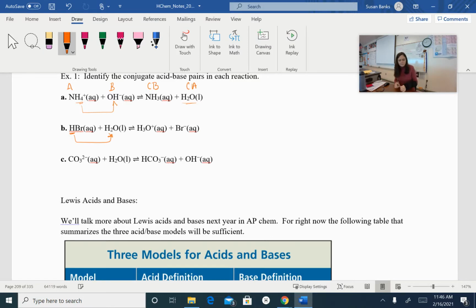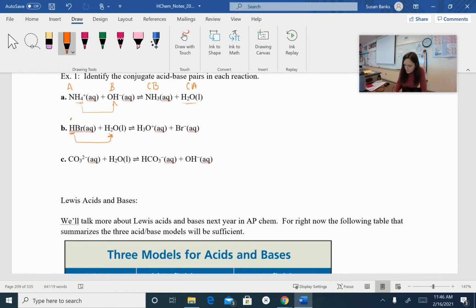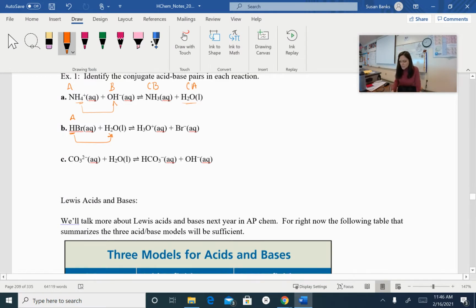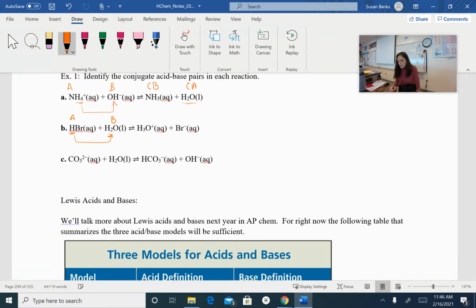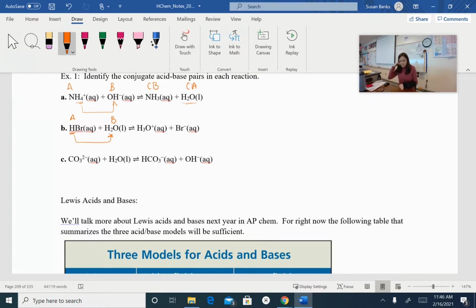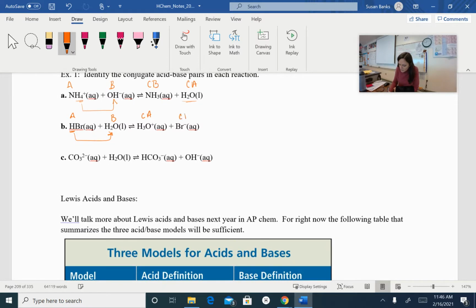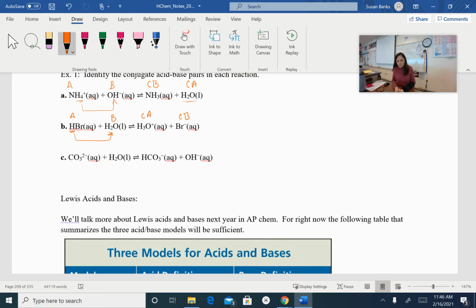So hydrobromic acid is our acid, and water, because it accepted the proton, is our base. So what has the extra hydrogen, or proton, on it? Hydronium. So that is our conjugate acid. And bromide is left by itself, so this is our conjugate base because it doesn't have the proton on it anymore.